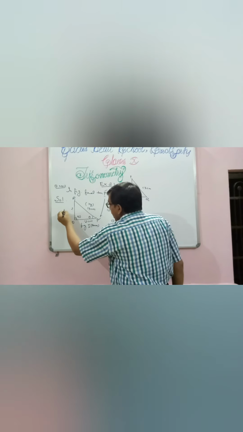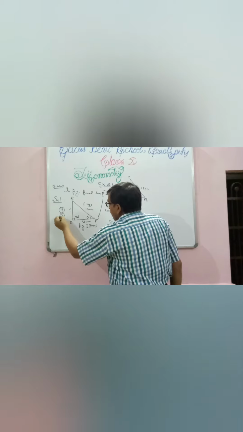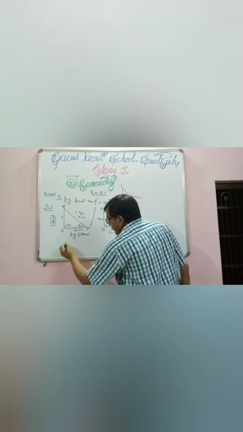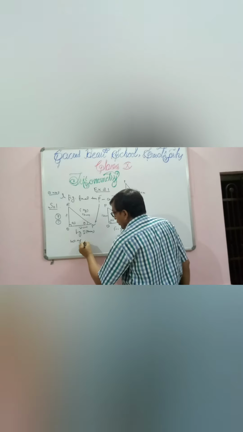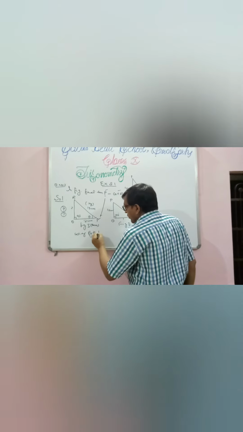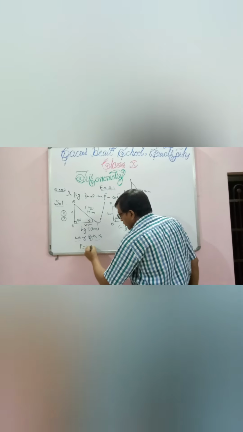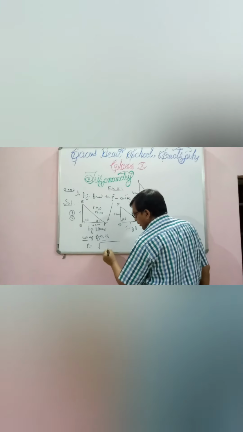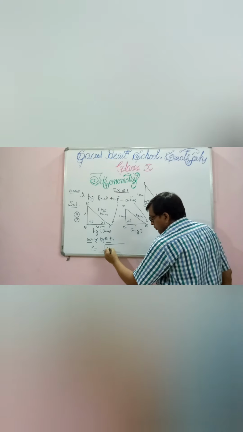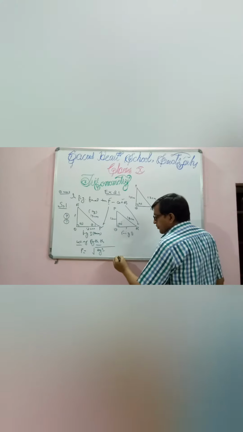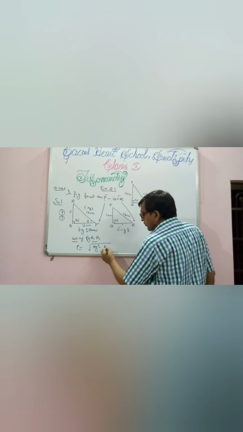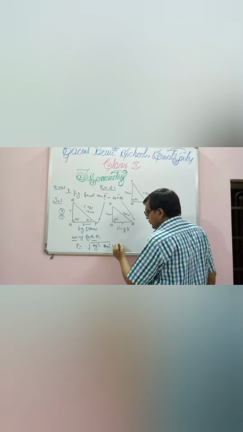We find the third side using the Pythagoras theorem. Perpendicular equals root of hypotenuse square minus base square.